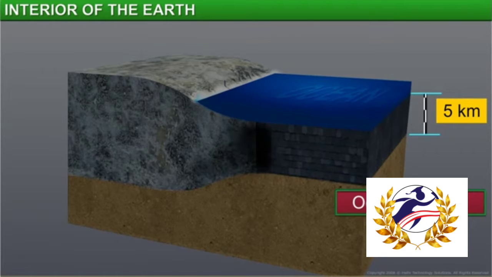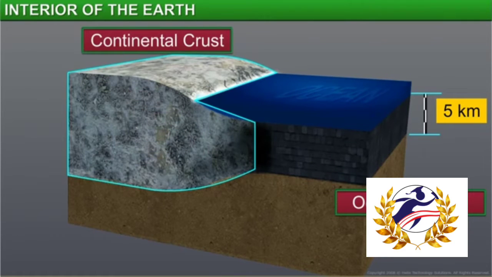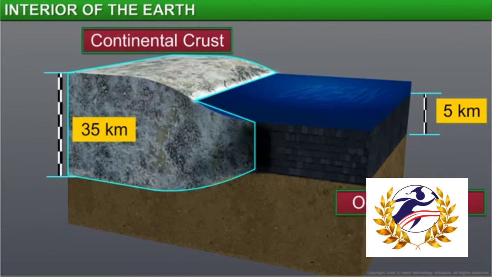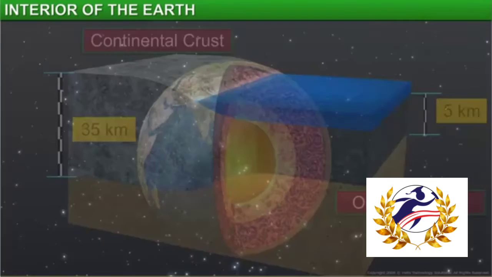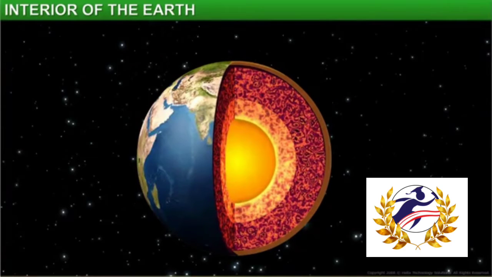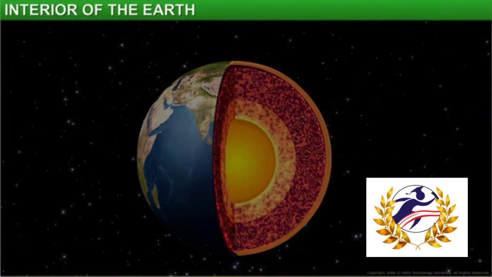On the other hand, the Continental Crust can be as thick as 35 kilometers. However, considering the Earth's size, the crust is quite thin.